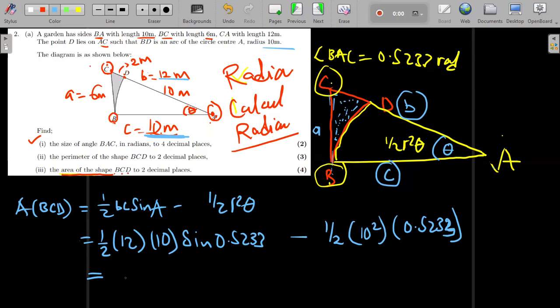My area is approximately, rounding off to 3 significant figures, 3.82 meters squared, because it's the area here. All right, so this is the area of the part which is the shape BCD. Any questions?